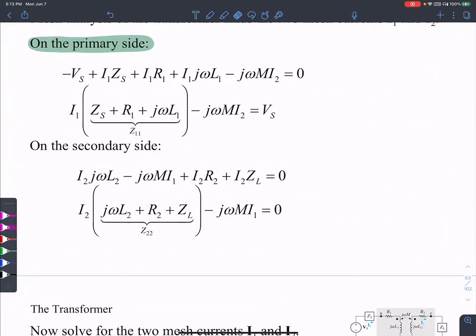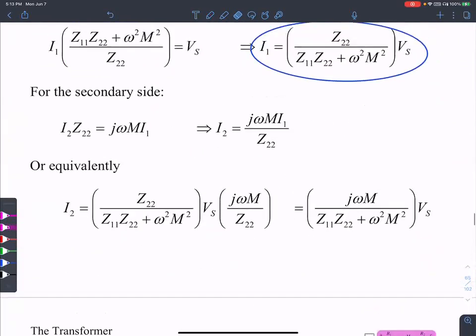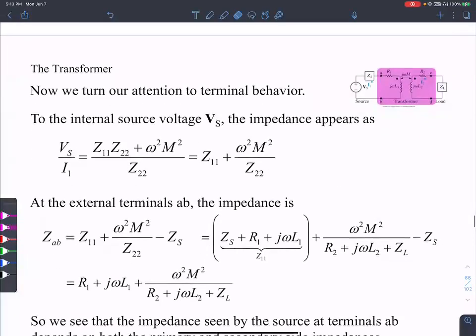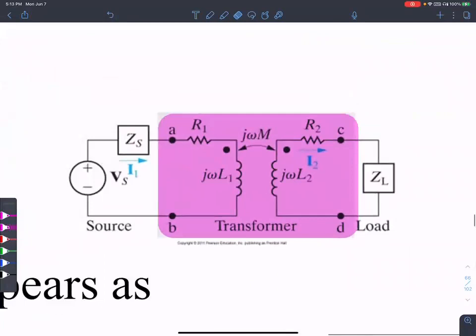Okay, let's see if we can move forward. Here is our transformer, the one that is highlighted here. There is the winding on the primary or left-hand side, j omega L1, and there is a winding on the right-hand side, j omega L2.